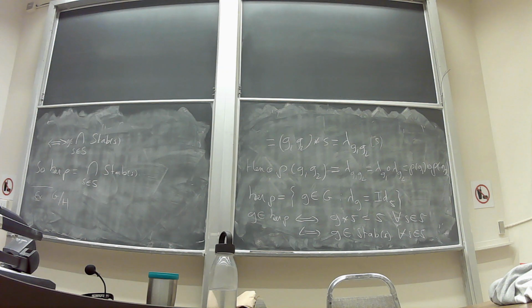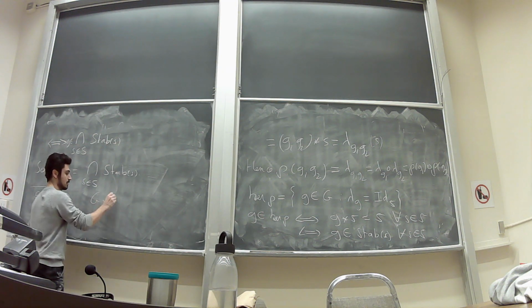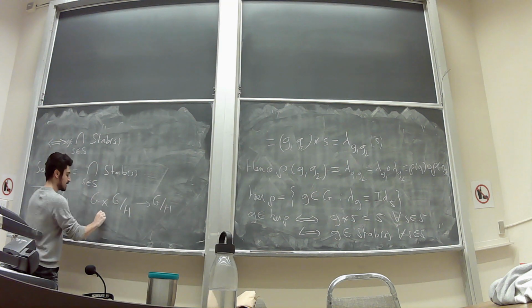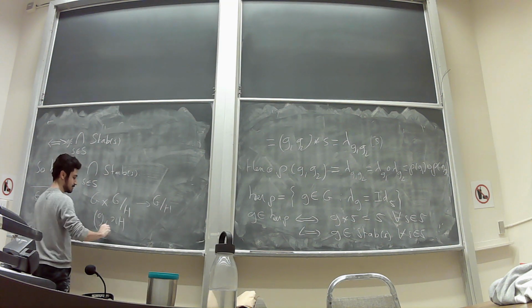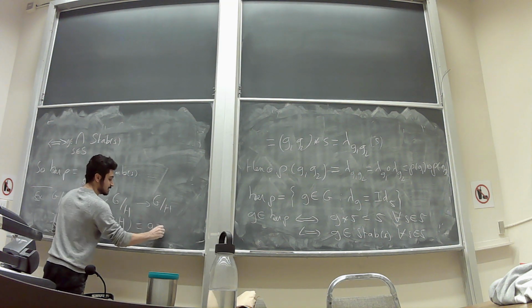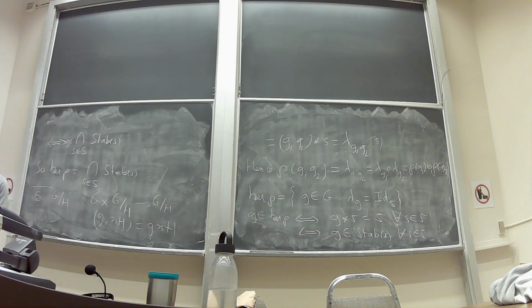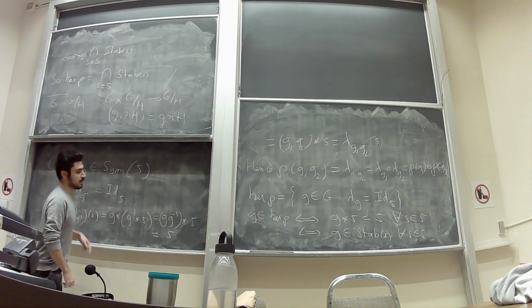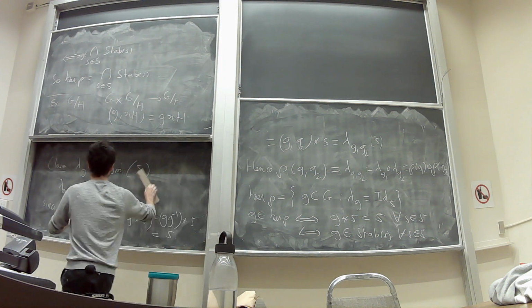Now you can find an action of G on G mod H. You send g and a coset xH to gxH. I'll rewrite this on Friday or Monday.